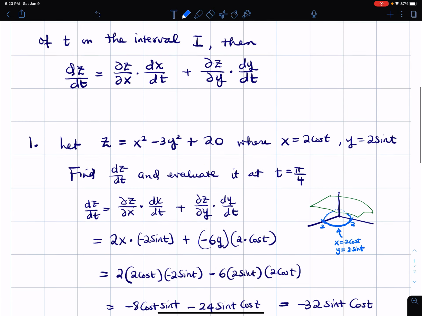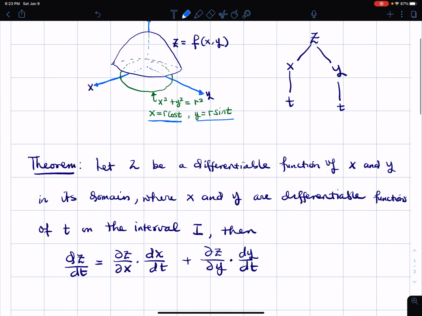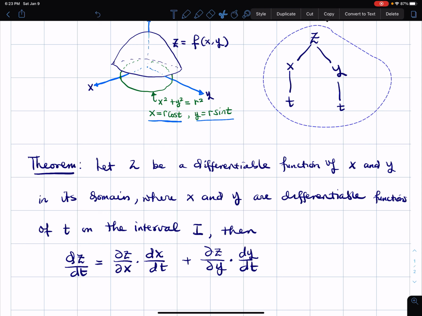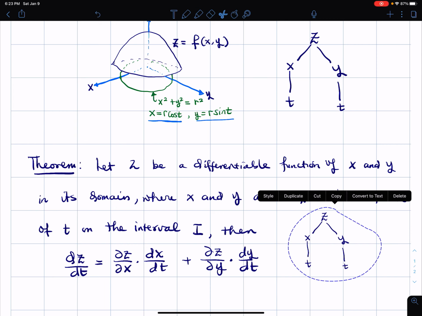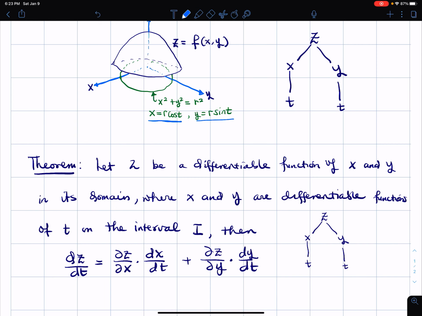So let's go back to our theorem. I'm going to copy this and paste it here. This is called a tree diagram.